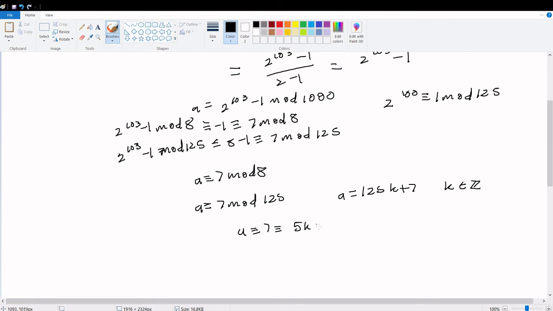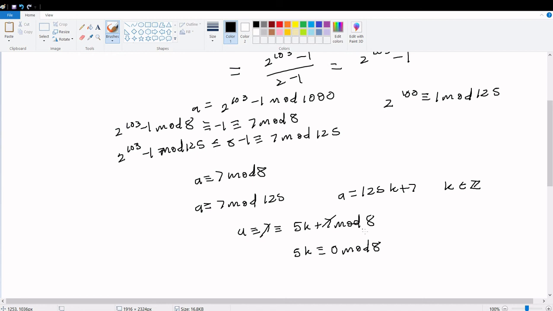So 5k plus 7. We cancel the 7 on both sides and get 5k is congruent to 0 mod 8.